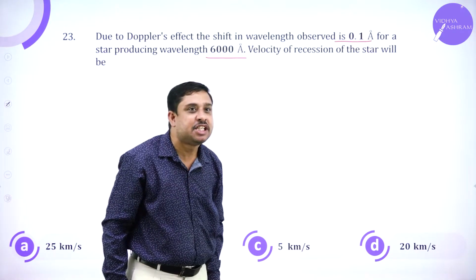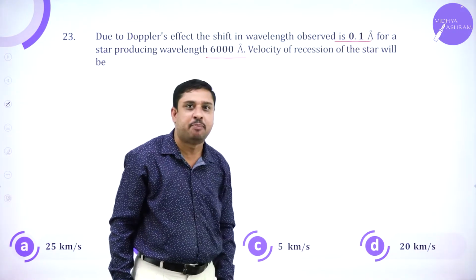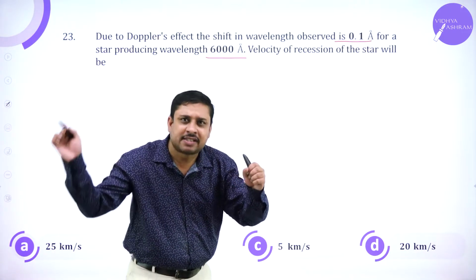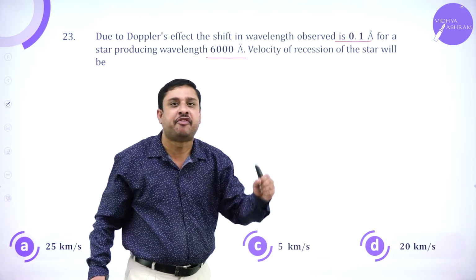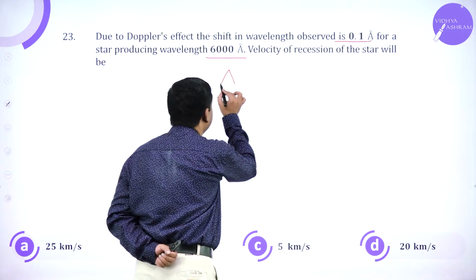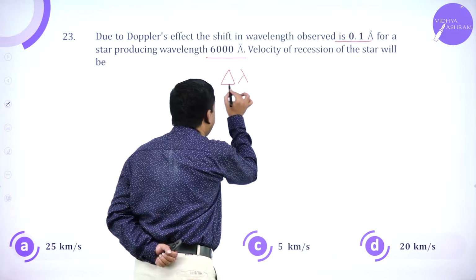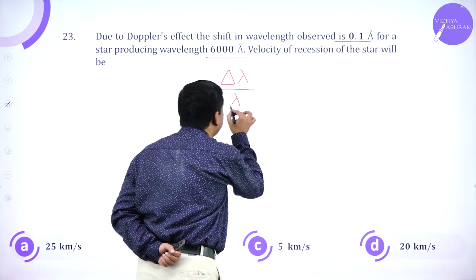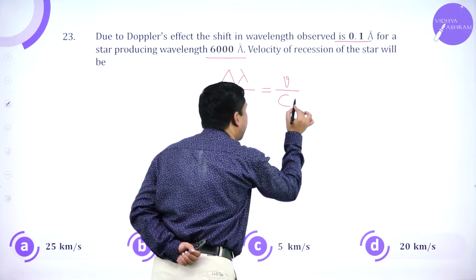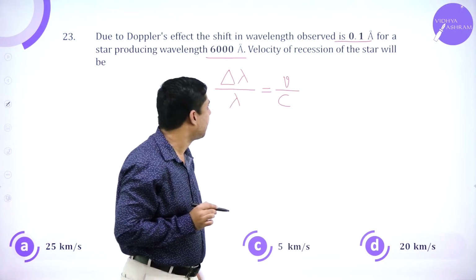Velocity of recession of this star will be, velocity of recession, meaning velocity of going far. Here we have a relation: delta lambda divided by lambda is v divided by c.